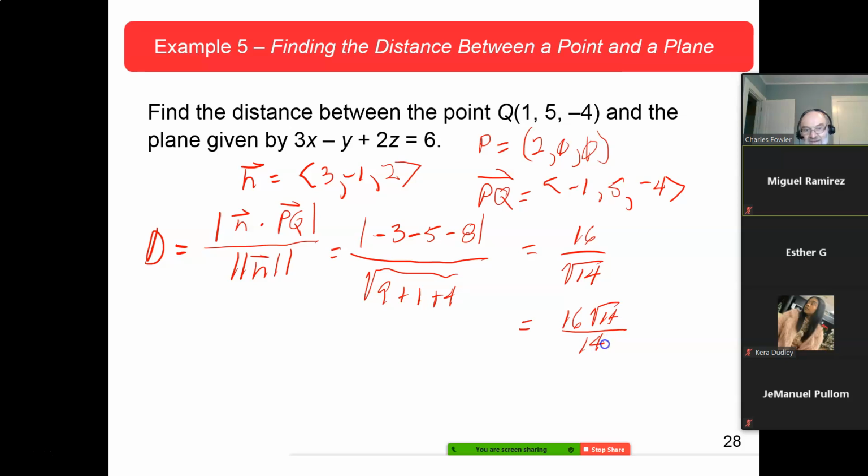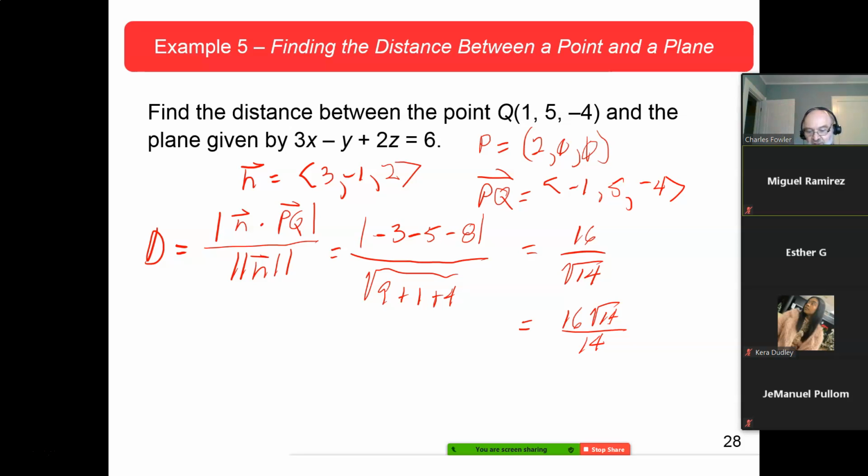I see no advantage of that. Let's see what the book does. Well, I can't see what the book did. Yeah, 16 divided by root 14. That's where they left it. So let me get my calculator and see what they got that to be. Alright, I got to turn it sideways because we got square roots involved.